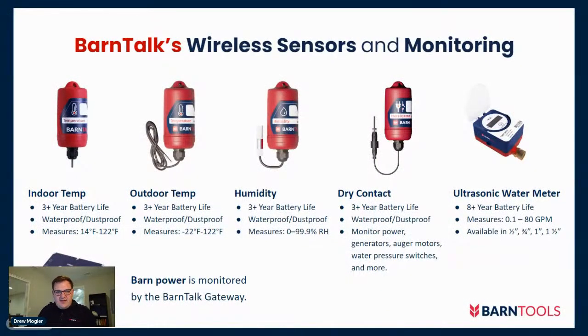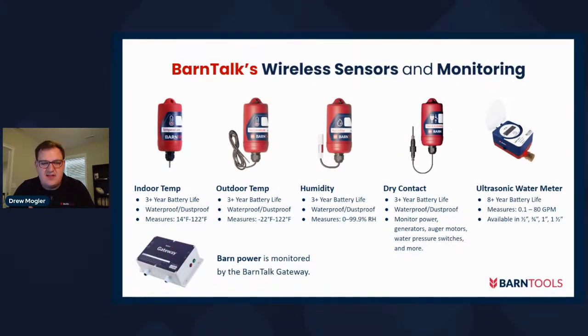Diving in before we get into some of these site layouts, I just wanted to briefly go over some of the sensors you'll see on these different layouts. Starting with our BarnTalk gateway, that's the brains of the BarnTalk alarm system. That's what provides connectivity for the system.